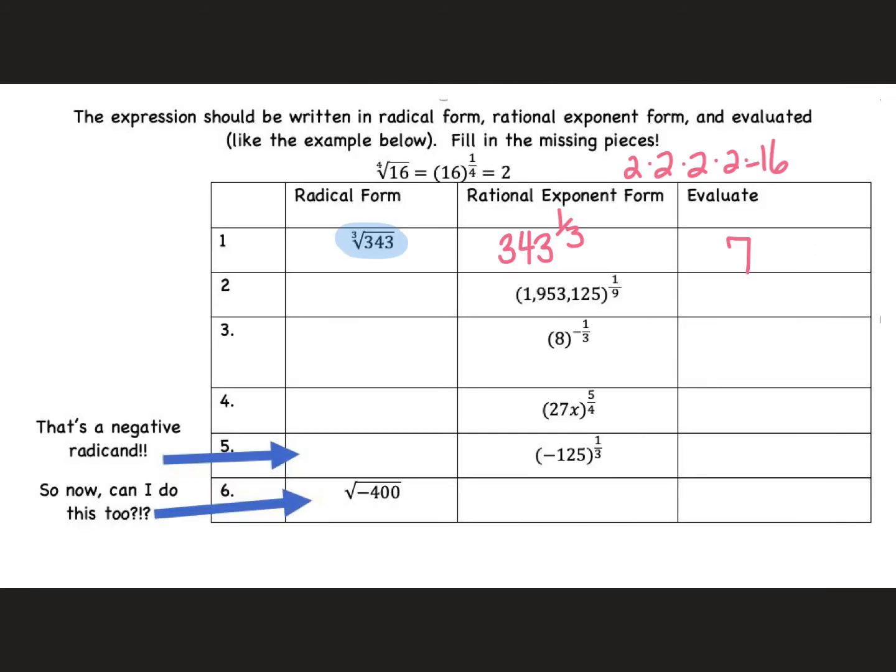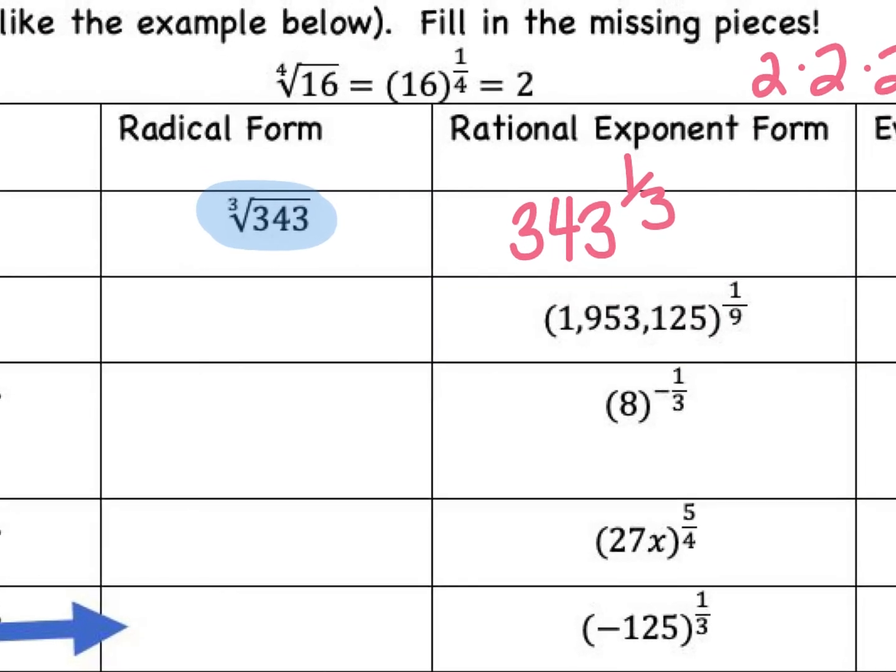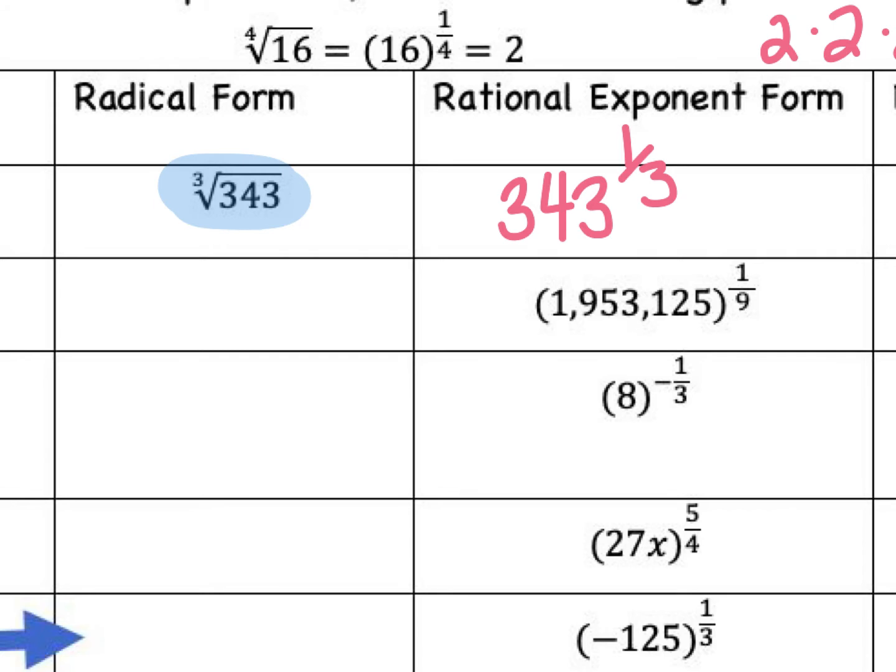Okay, so 1,953,125 to the 1/9 power. Well, exponent over index. I'm just going to zoom in a little bit here. This would be the 9th root as my index. The 9th root of 1,953,125.